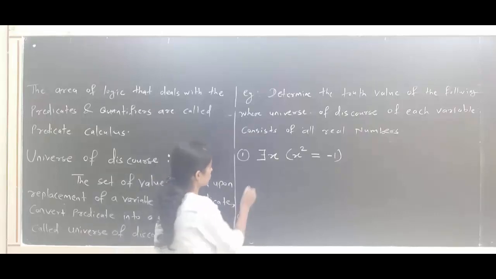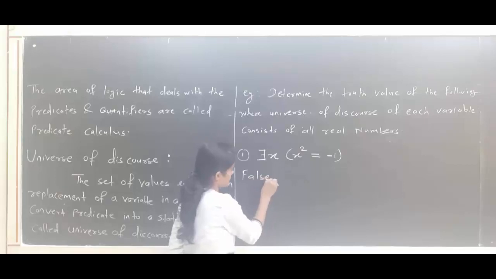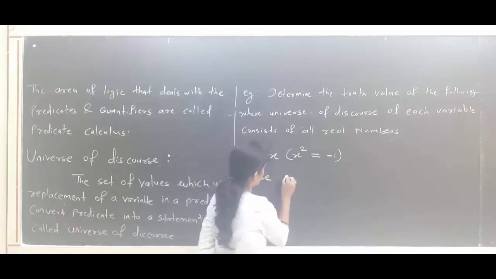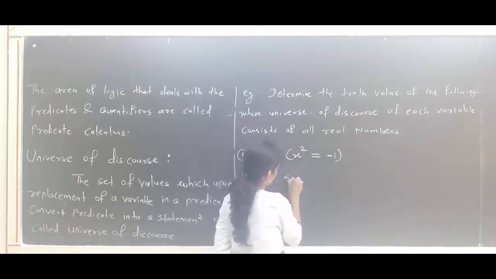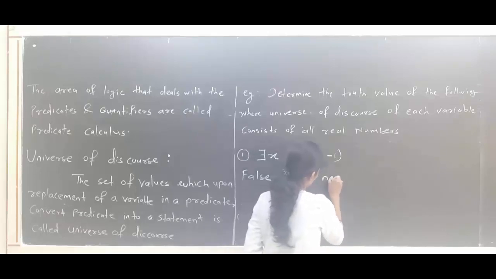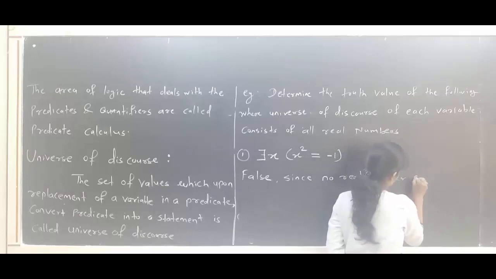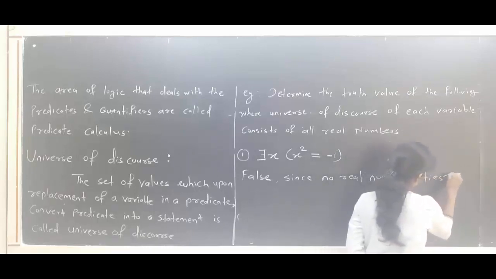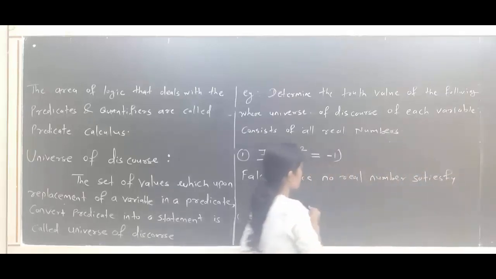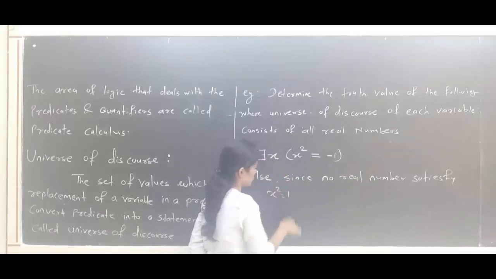Okay, so its truth value is false, since no real number satisfy x square is equals to -1.